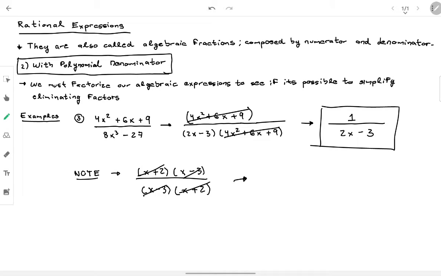That's not correct, because if I eliminate everything on the denominator and the numerator, it's going to be 1 divided by 1, so it's only a 1. So if I eliminate everything in numerator and denominator, our answer is always 1, not 0. That's super important for you to remember.